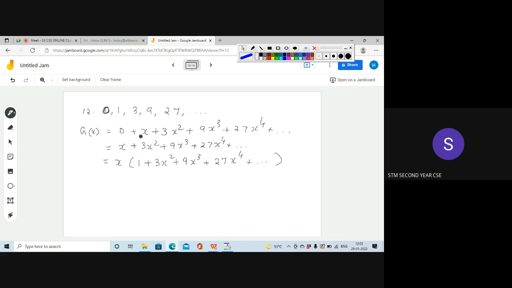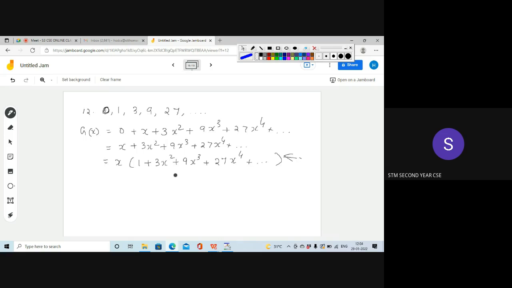A0 plus a1x plus a2x square. Okay, I did. Is it correct, what I had written? There is a mistake in this line. What is the mistake? I have to take x out, isn't it? I'm taking x out from the sequence. So is this correct what I had written?